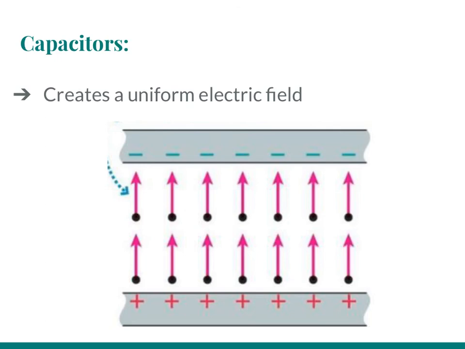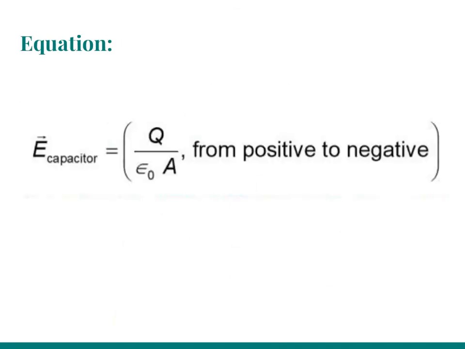That means the field is pointed in the same direction everywhere, as you can see. And this is not a very obvious result, but everywhere in there has the same magnitude of electric field. So inside the capacitor, there's a very specific equation, which I will not derive for you.